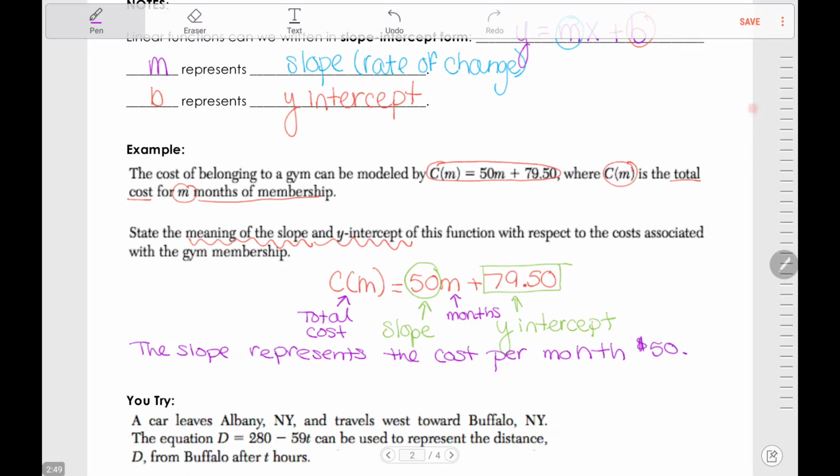Every month they're going to pay $50. And then the second number is that $79.50. What does that represent? The $79.50 is our y-intercept.